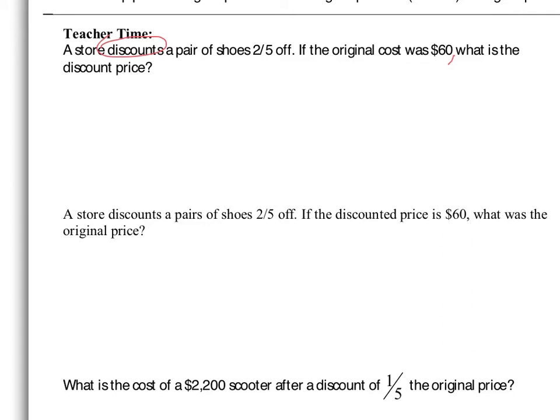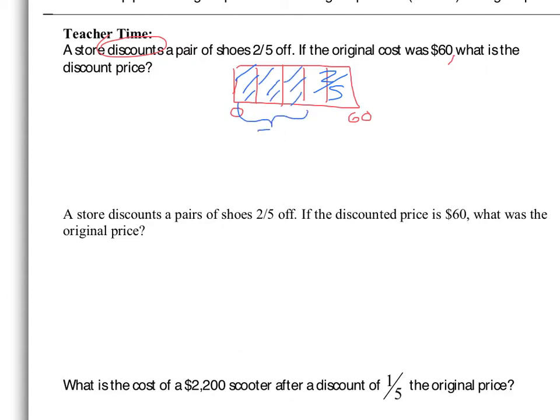Alright, so hopefully you've drawn a diagram. The original cost, the total piece, would be $60. And you've broken this down into 1, 2, 3, 4, 5 pieces. These 2/5 are the 2/5 that are taken off, which means what I'm left with is 3/5 of the $60.